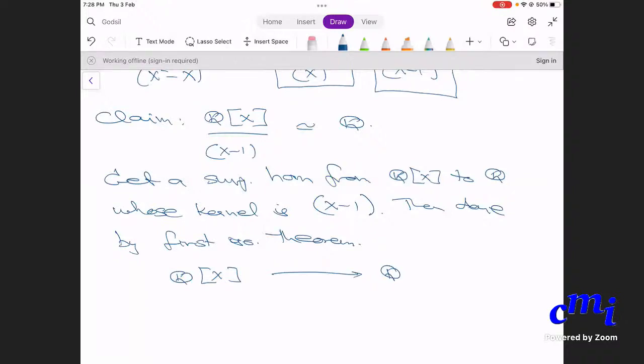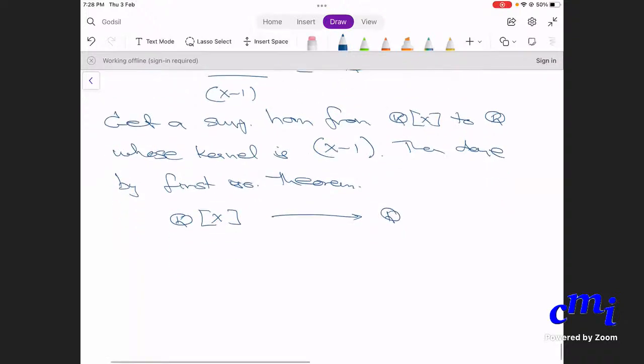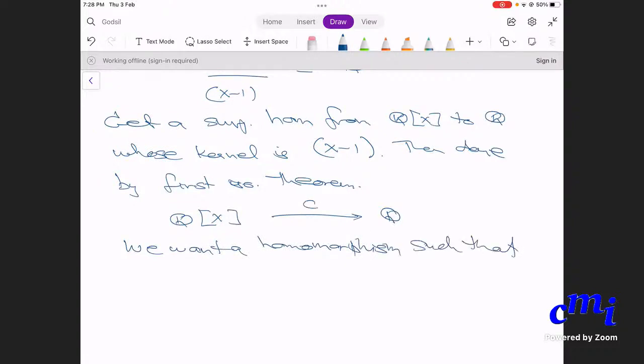But you need not set x equal to 0. You can set x equal to anything you want, and you must choose that thing carefully. What you would like is that x minus 1 should be in the kernel. So you want a homomorphism, we'll call it phi, such that x minus 1 belongs to the kernel of phi. In fact, we want the ideal generated by x minus 1 to be exactly equal to the kernel of phi. But for now, first let us try to find one where x minus 1 is in the kernel.